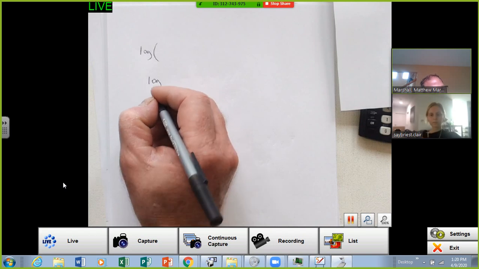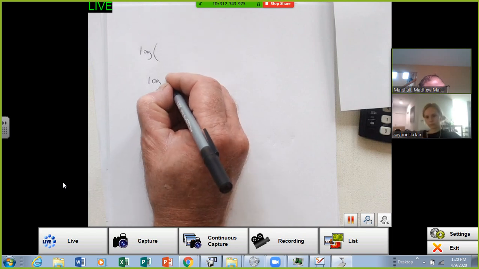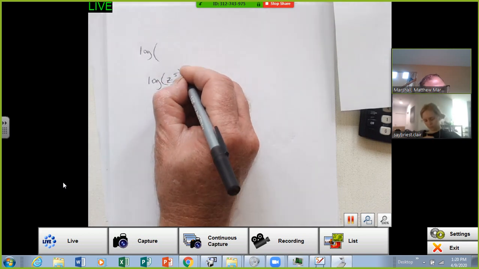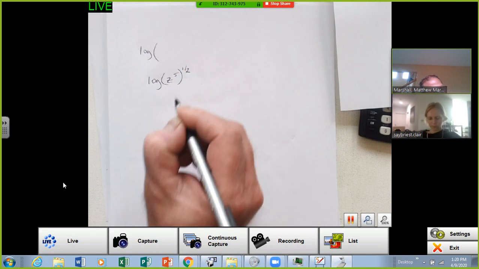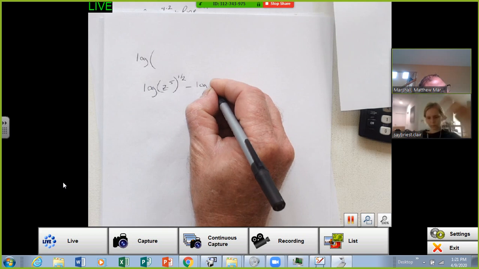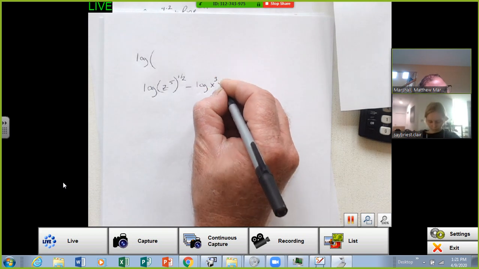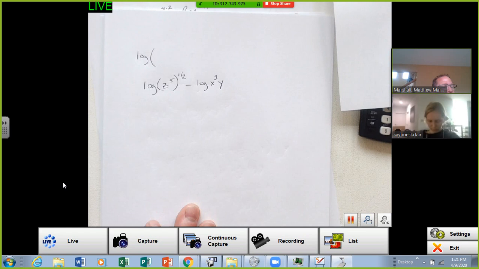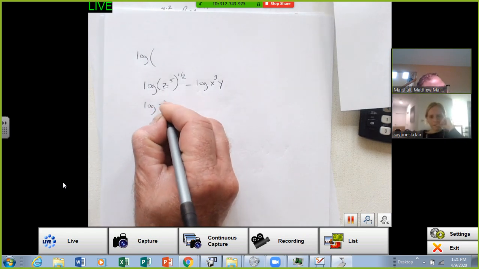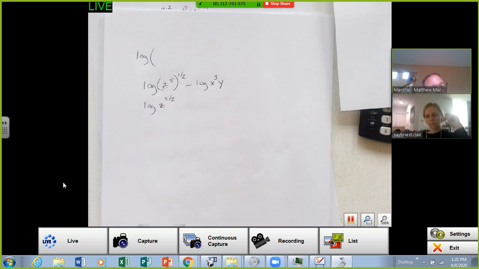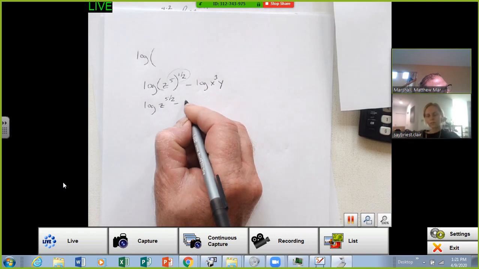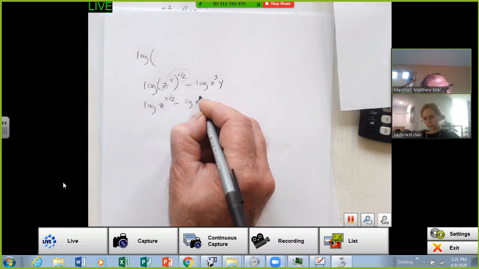So log z to the 5th, and that square root means that z to the 5th is raised to the 1/2 power, minus log x to the 3rd y. Do you see that work there? So that ends up being log z to the 5/2 power. That's that little part right there. Minus log x to the 3rd y.